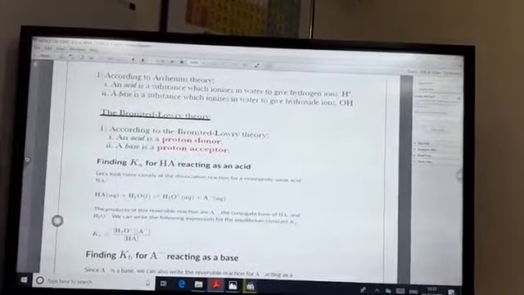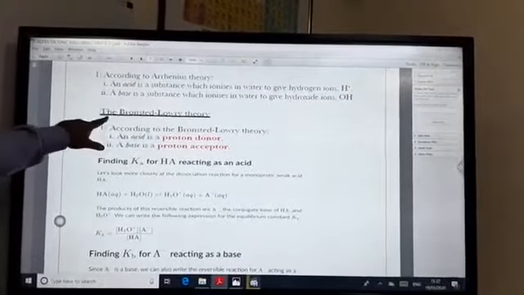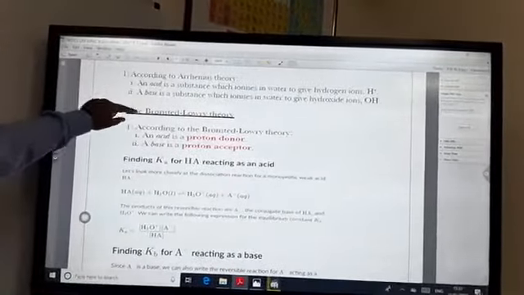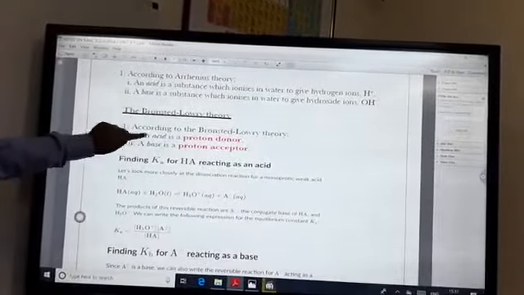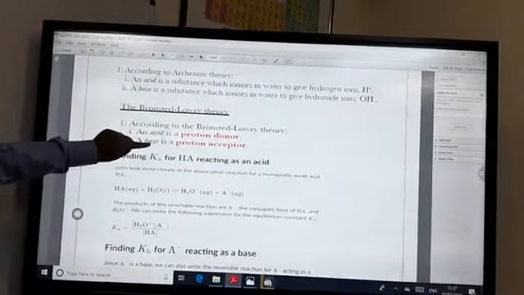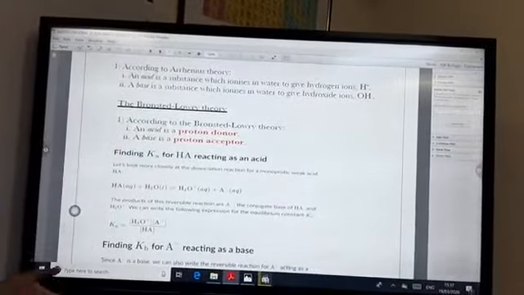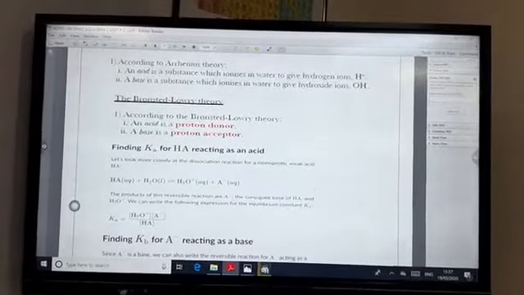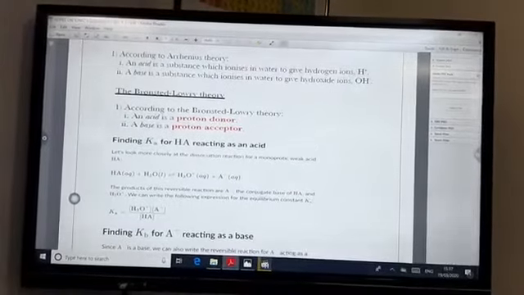So here only the proton, H plus. According to Lowry Bronsted there is no OH minus like Arrhenius; here acid and base, one is a proton donor and the other a proton acceptor. So this is all about acid and base.